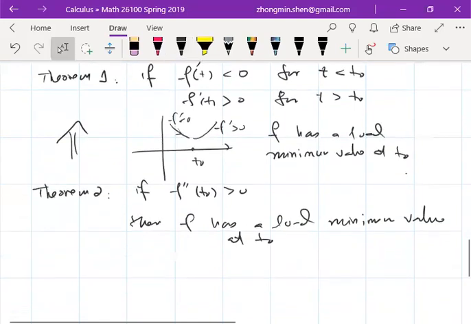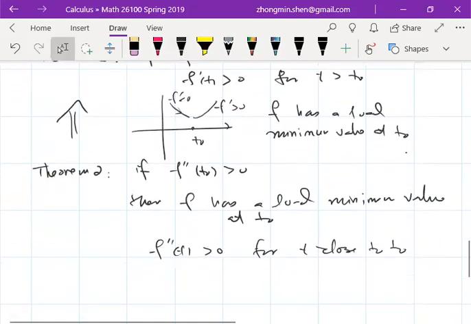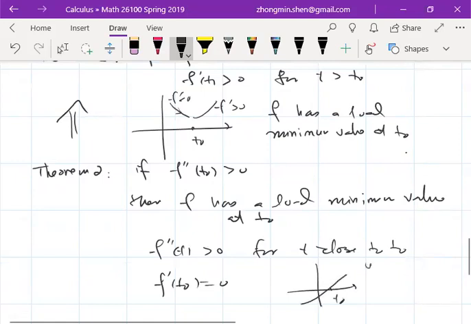The reason is, if the second derivative is positive for t close to t naught, then you know that f prime t naught is going to be 0. So that means the graph of y equals f prime t is increasing.